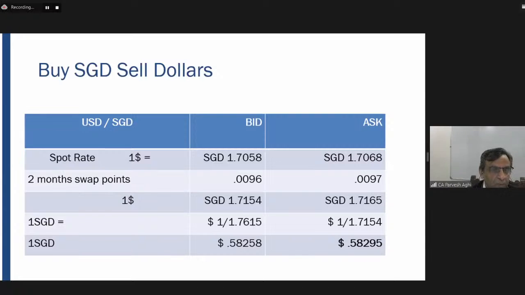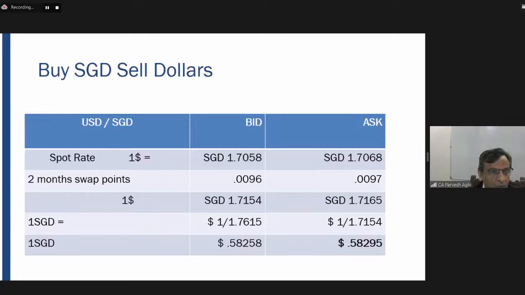We'll put the decimal places and put 00, and then simply add them, because here also the dollar is showing appreciation, and the swap points are in increasing order. So $1 is equal to 1.7154 Singapore dollars, and 1.7165 will be the ask rate.